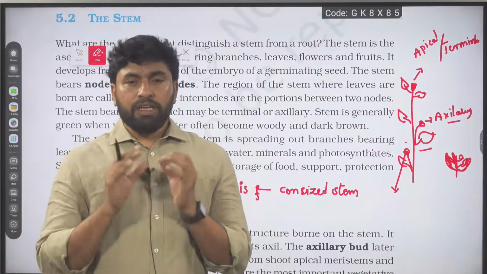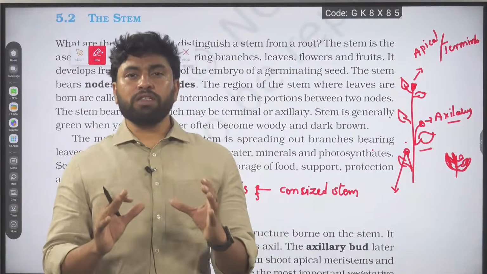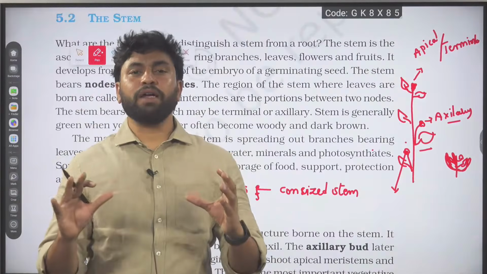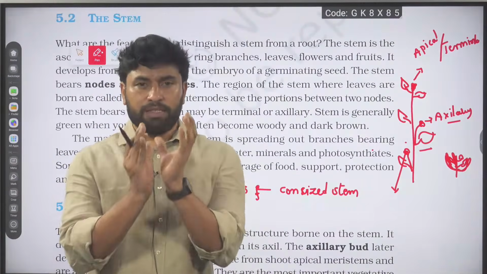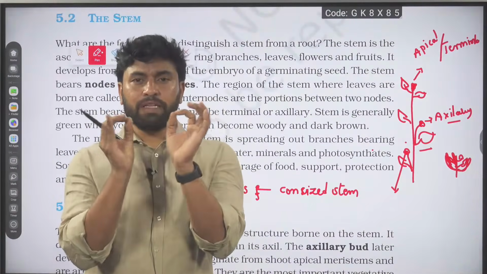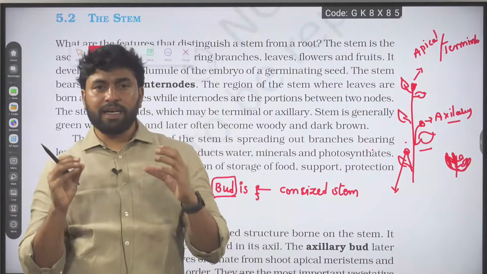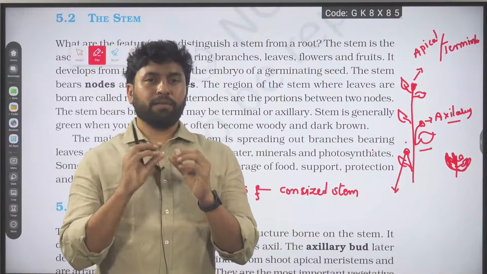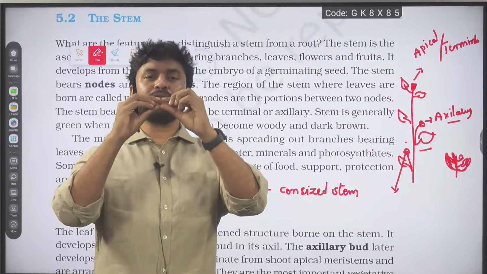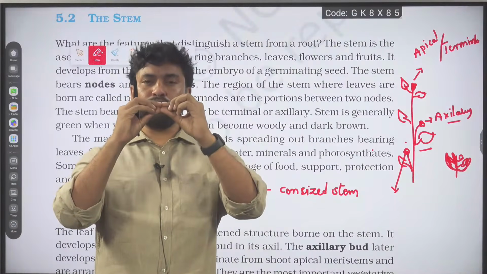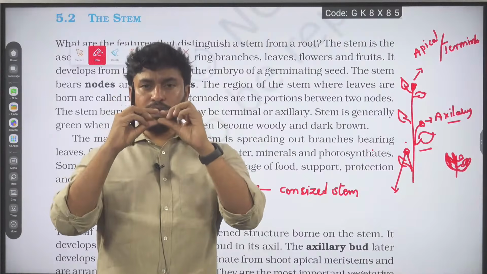Cabbage is the well-known largest bud so far identified in plants. While we are plucking the leaves of the cabbage, we will identify all these leaves get connected to one area, because the internodal length is very short. Between one node to another node, the length is very short.